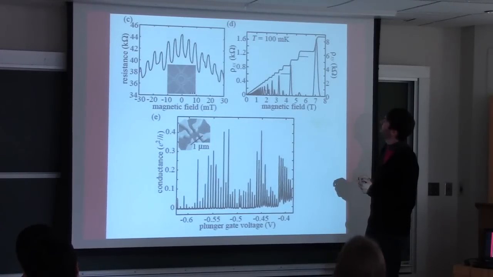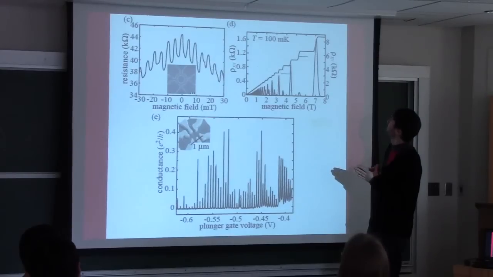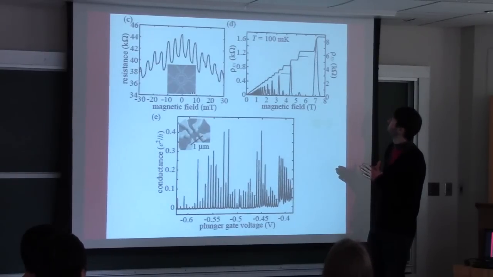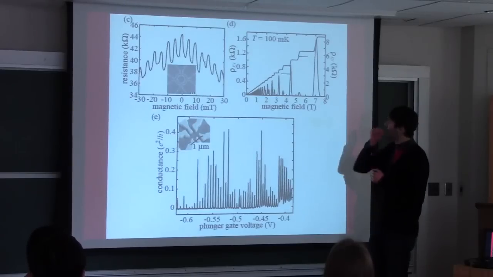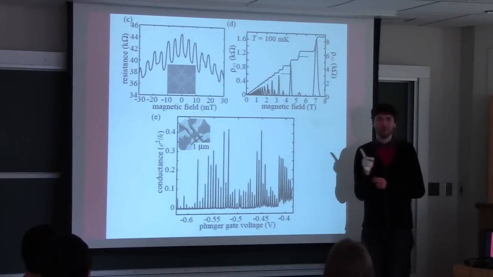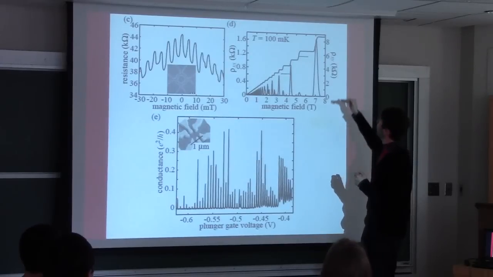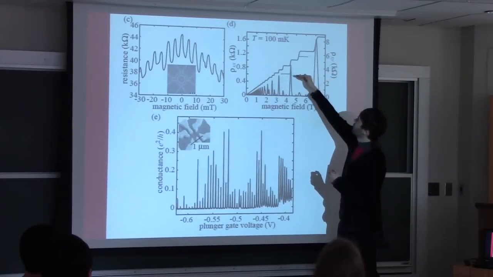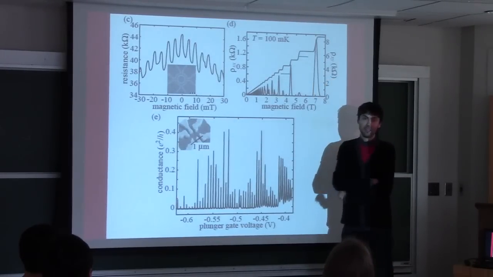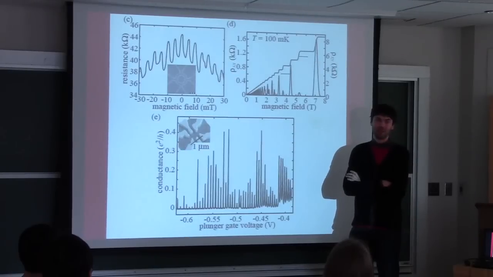So the question is, what is this staircase? Why do we have this staircase? Okay, this is a bad way to ask this question. What are the values of resistance that correspond to this staircase?